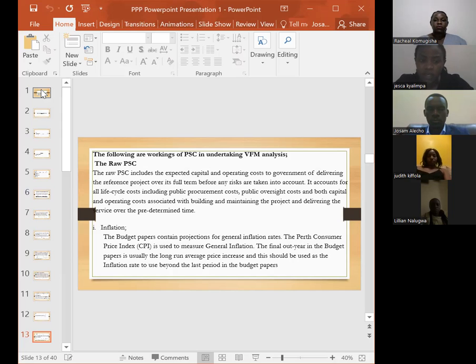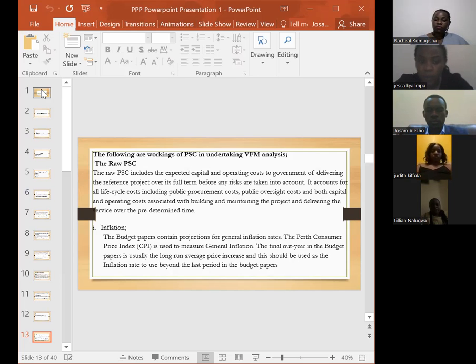Now, the public sector comparator has components when determining or estimating the net present cost to the government. And these include, one, the raw public sector comparator.